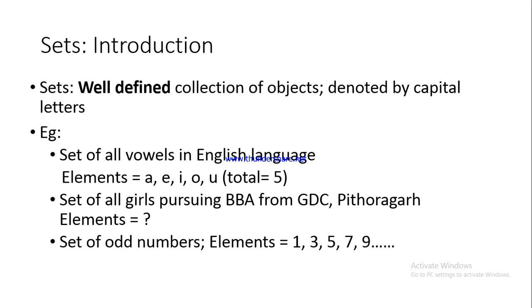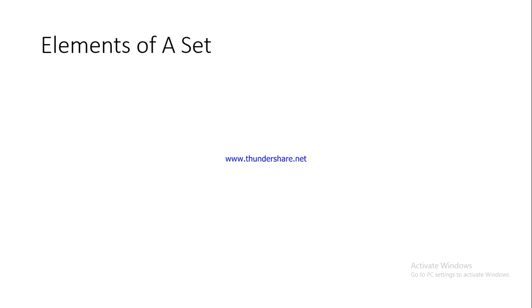We know as to whether a particular number will belong to this set or not. For example, the alphabet O is not going to be part of this set because the set is of odd numbers. Likewise, the number 4 is not going to be part of this set because 4 is an even number. So the point is that the set has to be very well defined.